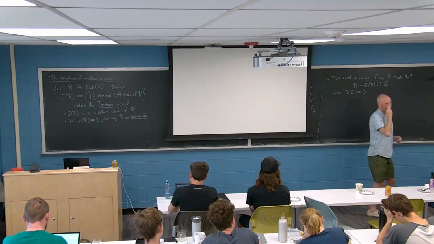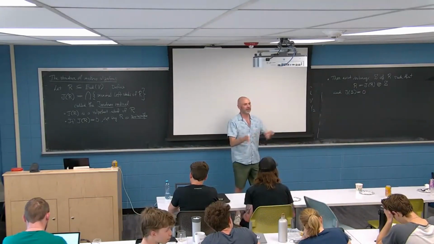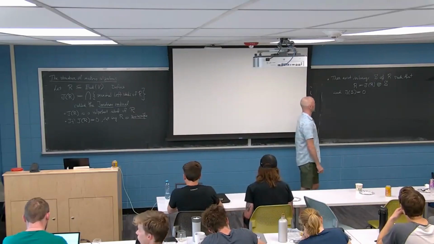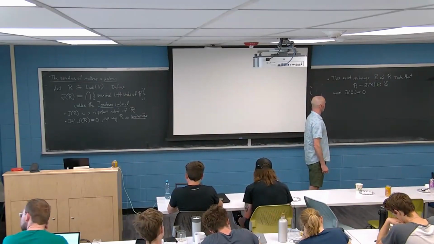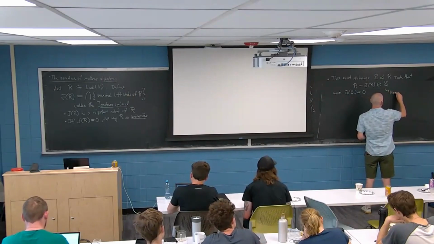So you can basically split up your matrix ring into a radical part and then a semi-simple part. Great, okay, so I'll refer to this thing as a Wedderburn decomposition.